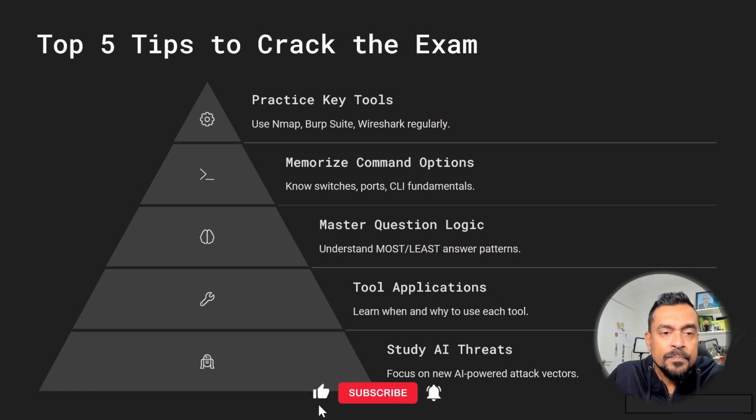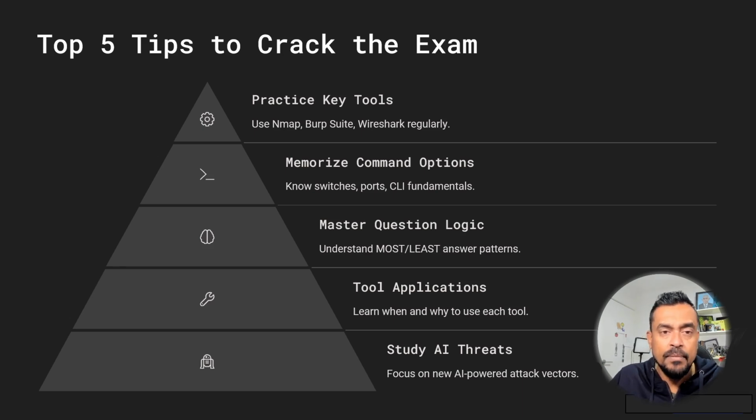And the next thing is memorize command options. You need to know the switches, ports, and CLI command line fundamentals when it comes to some of the tools. EC-Council will not ask for information about each and every tool, because there are so many tools that we are talking about during the Certified Ethical Hacker version 13 program. But understand a couple of important tools.